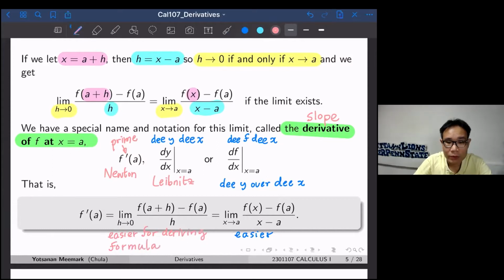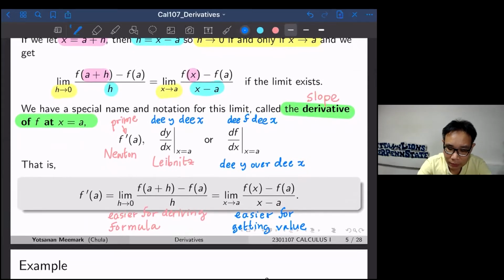So there are two advantages. You have two formulas. This one will be good for deriving the formula, easier. The other one is easier for getting the value. So they both have advantages in the calculation.